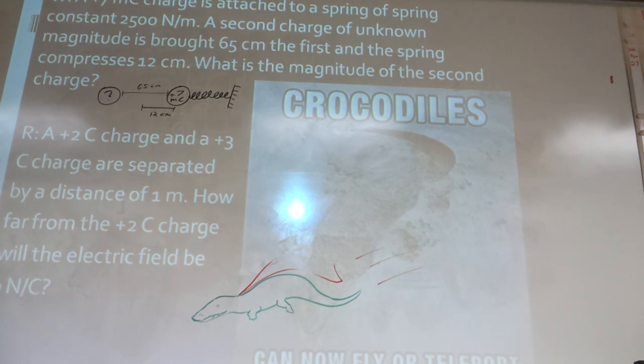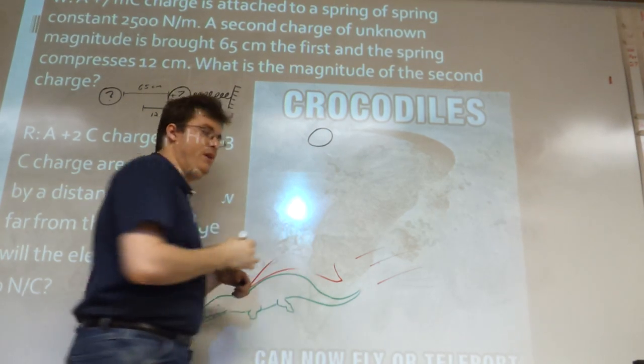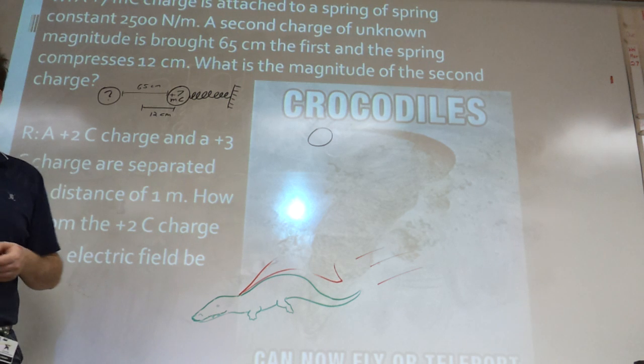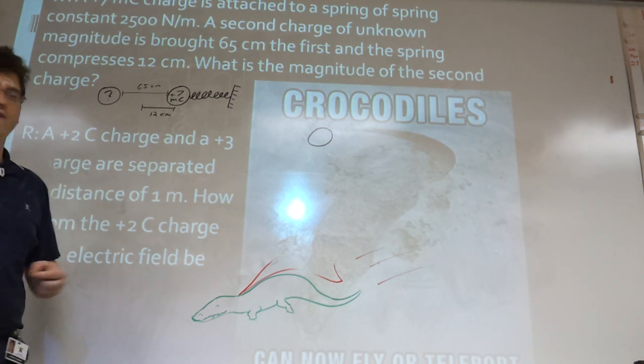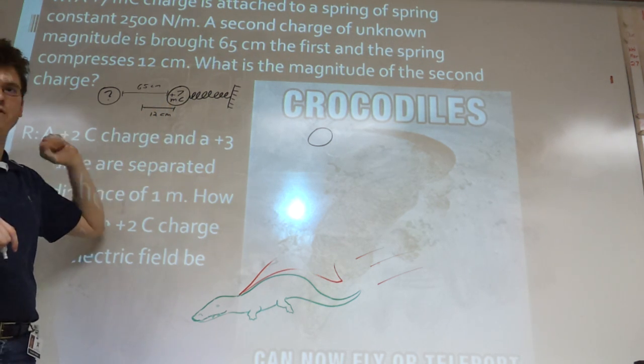Okay. So, let's do this. Let's draw. We need to find the force between the two charges. This is going to involve force. If I do a quick little free body diagram on this guy, I've got two forces acting on him: the spring force and the electric force.